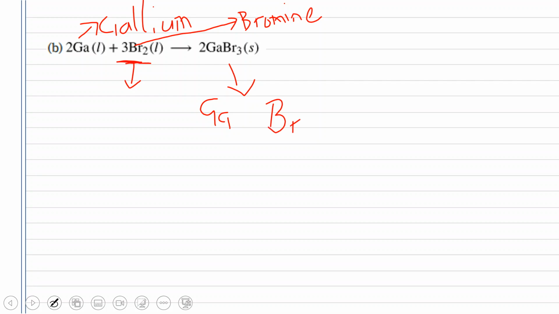It means that gallium had to have a charge of +3, and bromine had to have a charge of -1, right? That's the only way they could have combined to form GaBr3.